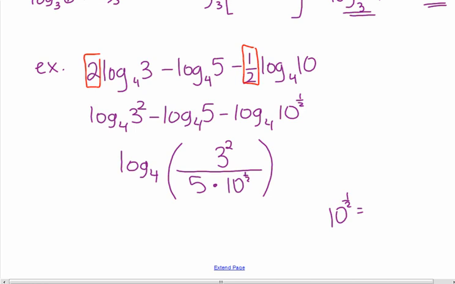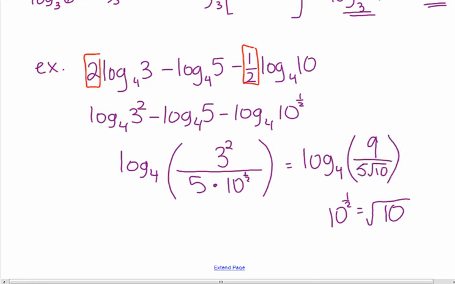Take guesses. You need that last unit for this. Fractional exponents are radicals. So this is the square root of 10. They're the same thing. So you're typing in 9 over 5 times root 10. It's a random example I came up with.